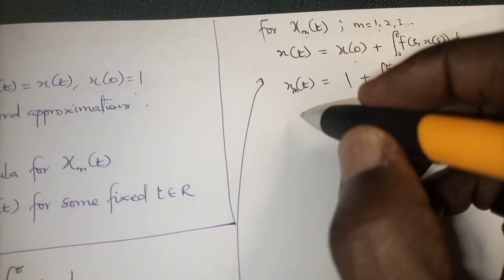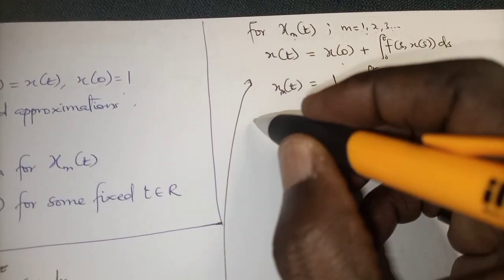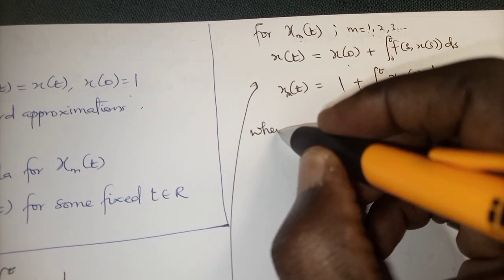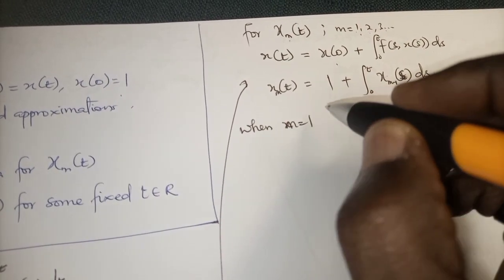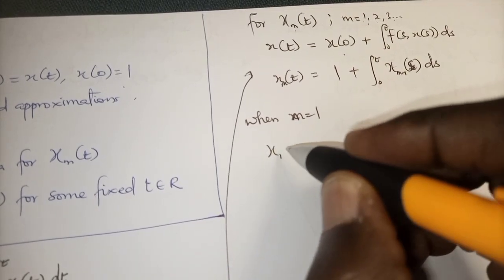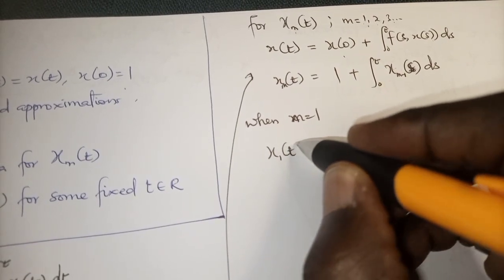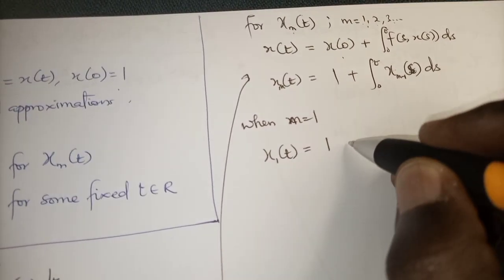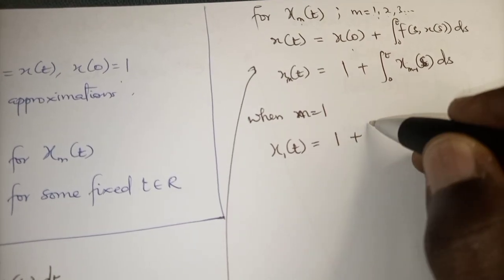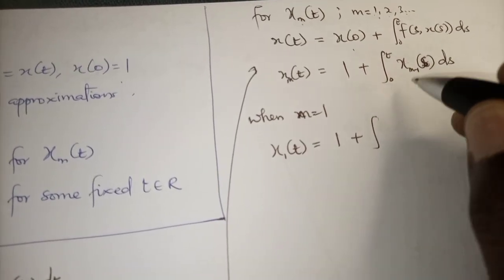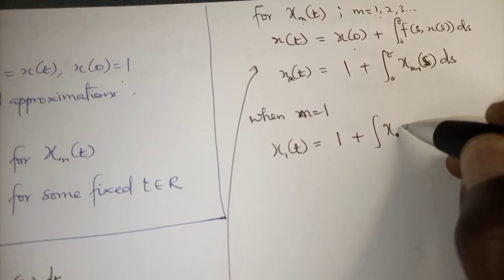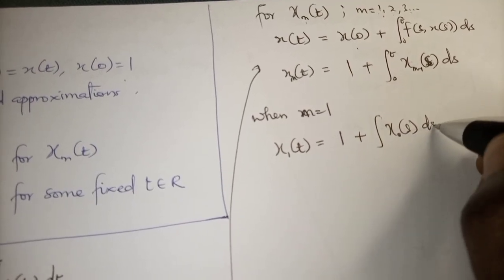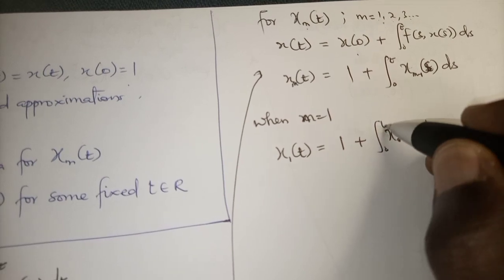So when m equals 1, we'll have x sub 1 of t equals 1 plus the integral, 1 minus 1 is 0, so x sub 0 of s ds from 0 to t.